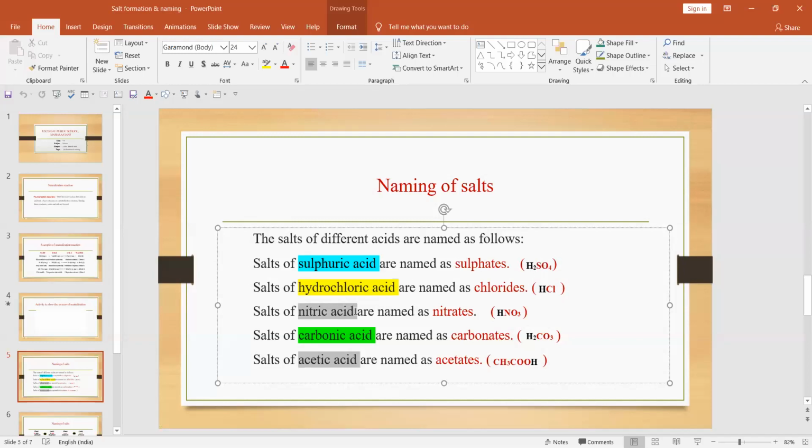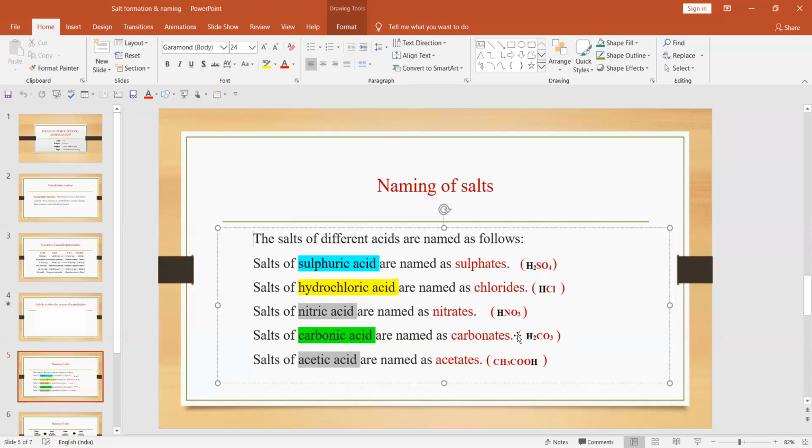Now, salts of nitric acid are named nitrates. In nitric acid, HNO3, NO3 is known as nitrate. So in all the acids, the hydrogen is not counted in the naming, and only the other part is taken during the naming of these salts. Next, salts of carbonic acid are named carbonates. What is the carbonate here?